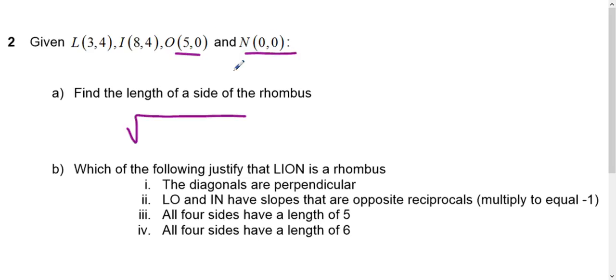So we take 5 minus 0, which is 5, squared is 25. And 0 minus 0 is 0, squared doesn't do anything. So we just have the square root of 25, which is 5. The length of the side of the rhombus is 5.